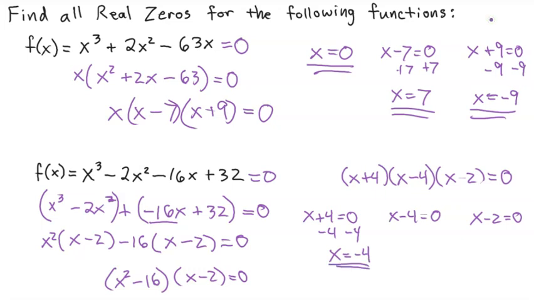That's one of our real zeros. We're going to add 4 to both sides here, and we're going to get x equals positive 4. Good. And then here we're going to add 2 to both sides, and our third solution will be x is equal to positive 2. And there we go. This is how we find all the real zeros for a polynomial function that is in standard form.